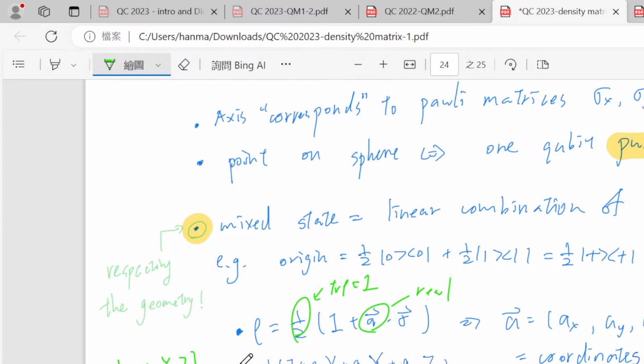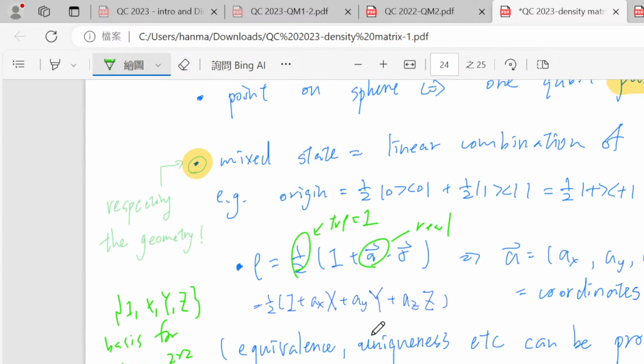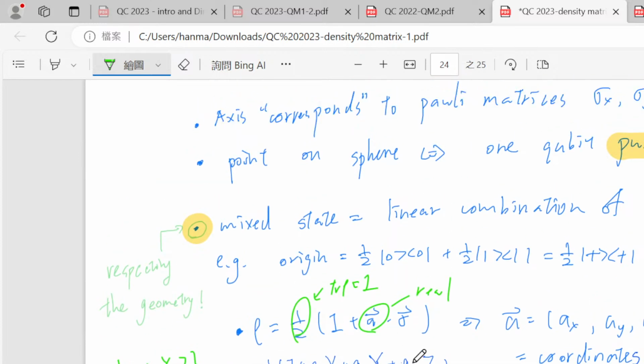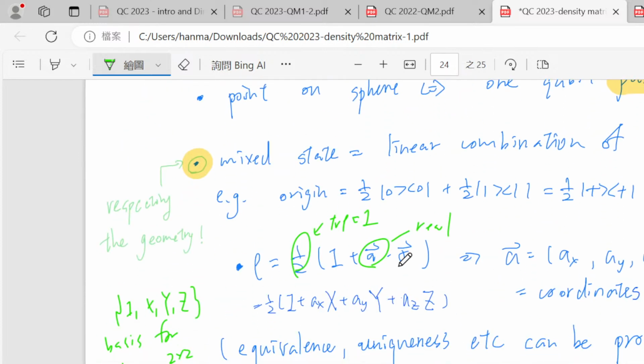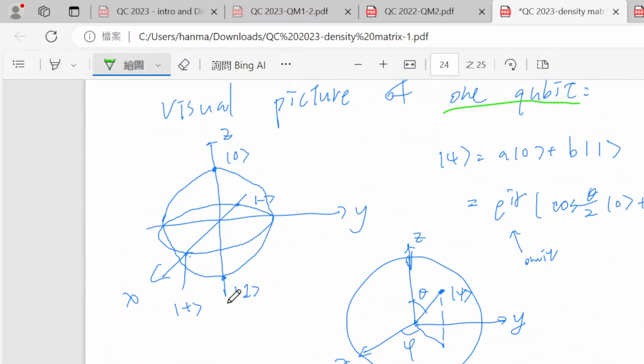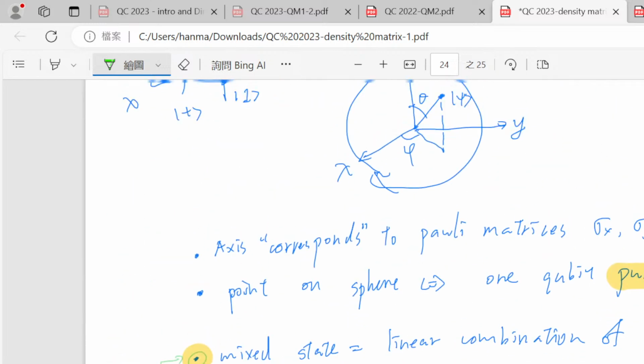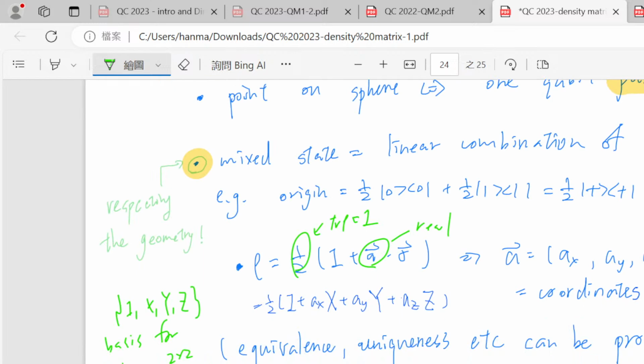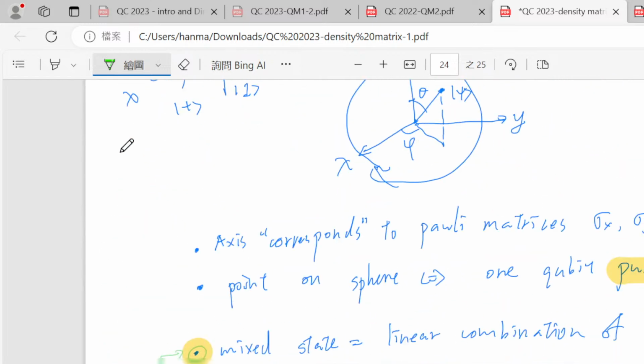So you have the a's here, the three a's: a_x, a_y, a_z. They are the coordinates in this x, y, z space, and then you want to prove that the magnitude of a squared is at most 1. I think this is in the homework, I'm not very sure. So we are trying to say this is inside the ball.